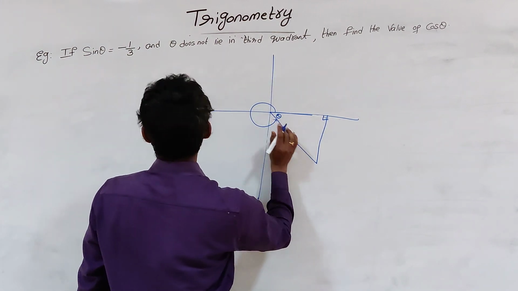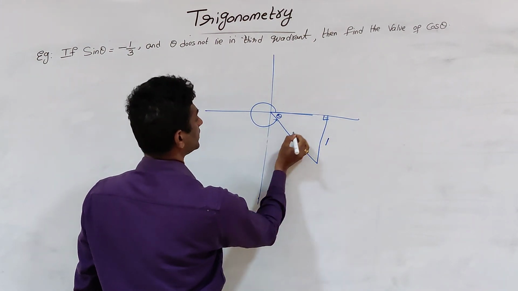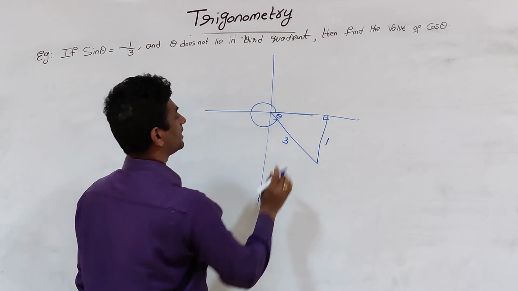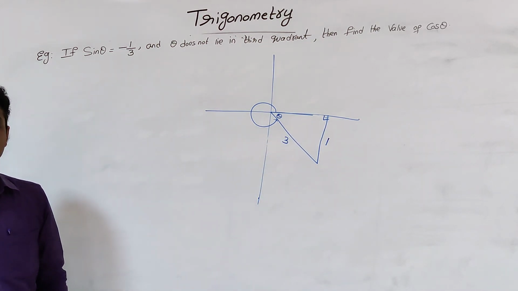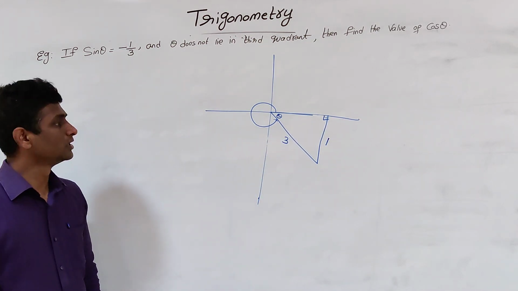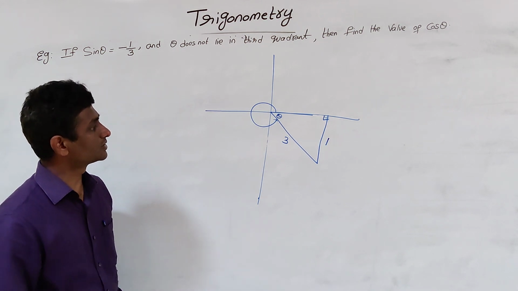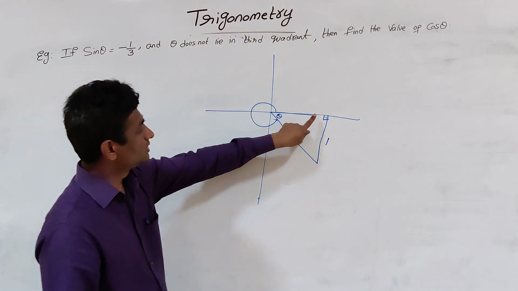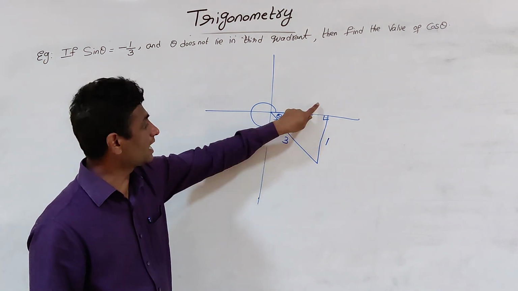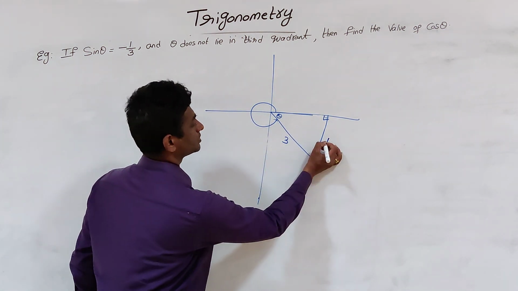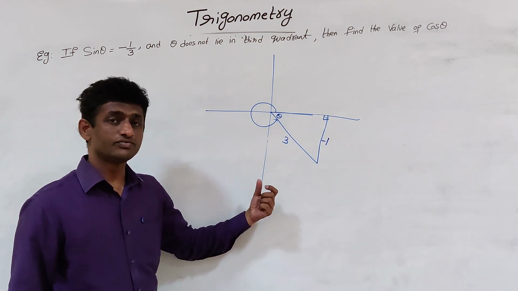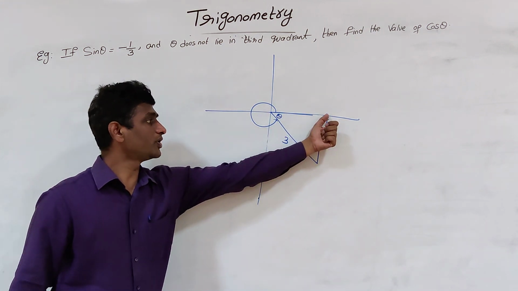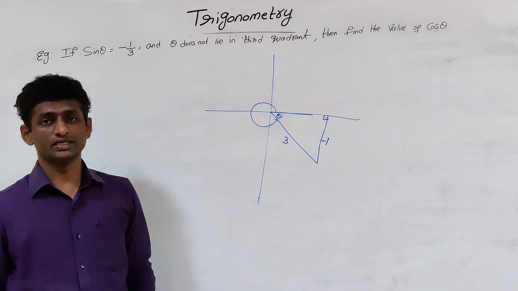Opposite side of theta is 1 and hypotenuse is 3. Before applying Pythagoras theorem, as it is a negative sign, y should have a negative sign. Means in the fourth quadrant, x should be positive and y should be negative.